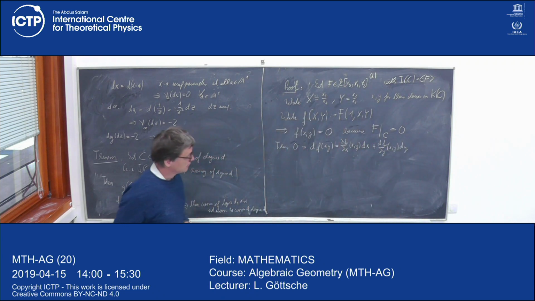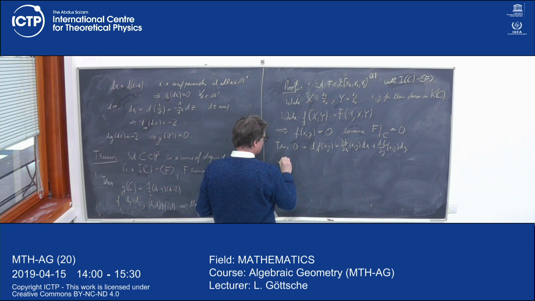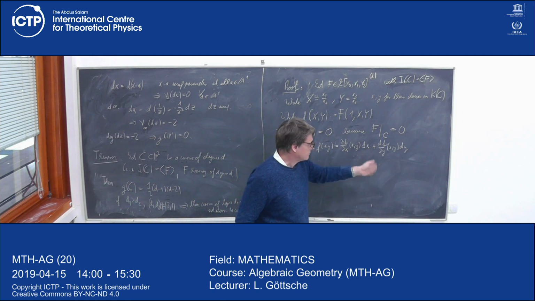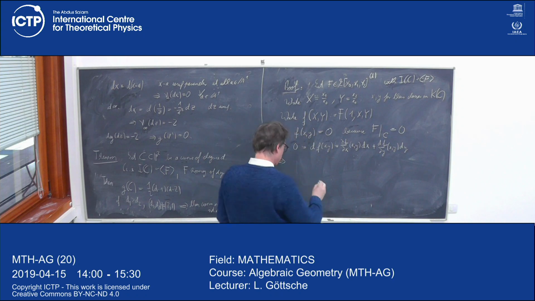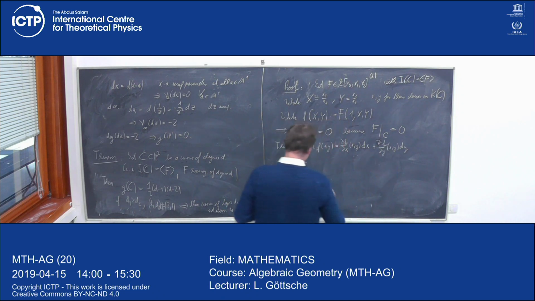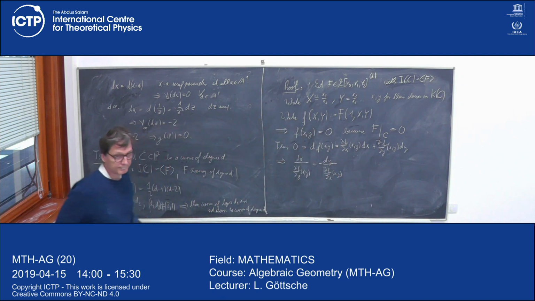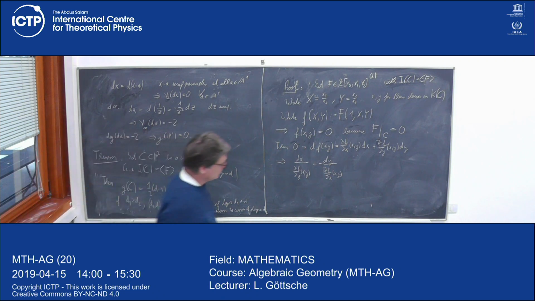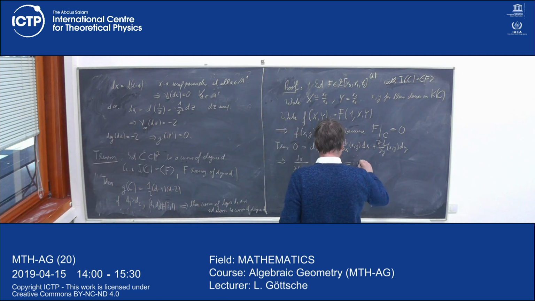So this is 0. I can separate the terms and bring them to the other side. So I find that ∂f/∂y at (x, y) dx is equal to minus ∂f/∂x of (x, y) dy. These are the same differential form, and I call this omega.